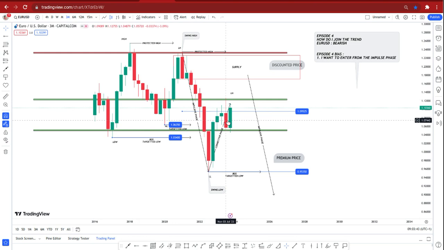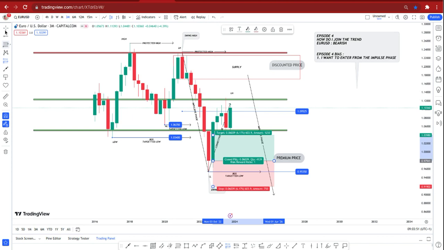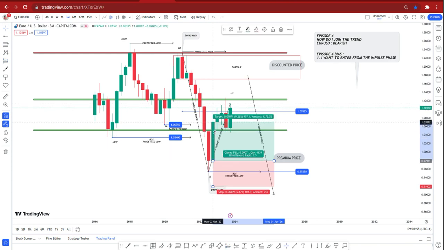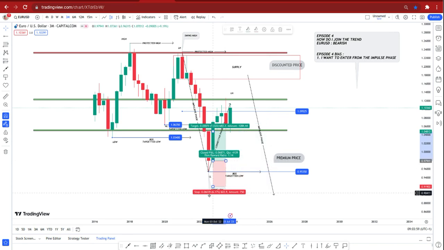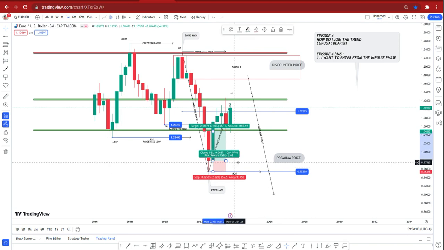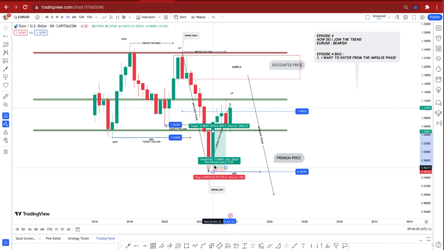What do I mean by trail my stop? If I have an entry in this corrective phase, for example, if I was able to buy, I would have taken out my position here, in this zone, back to back. Let's assume I get an entry around this low here.